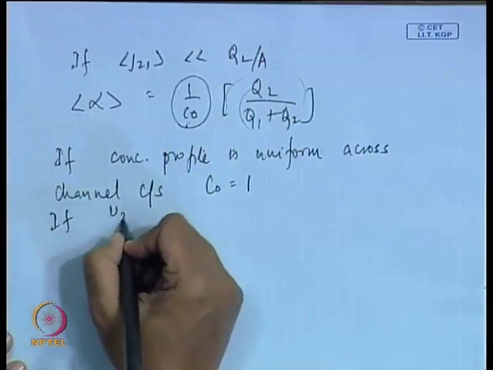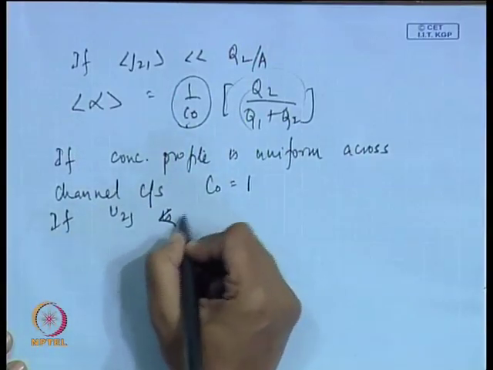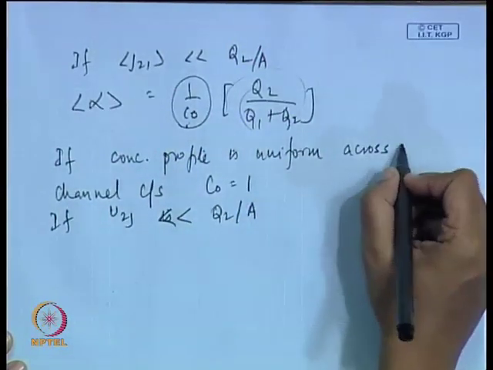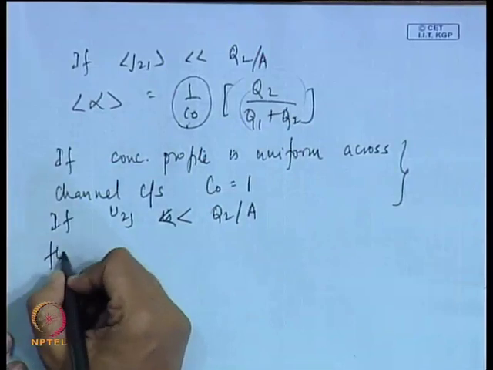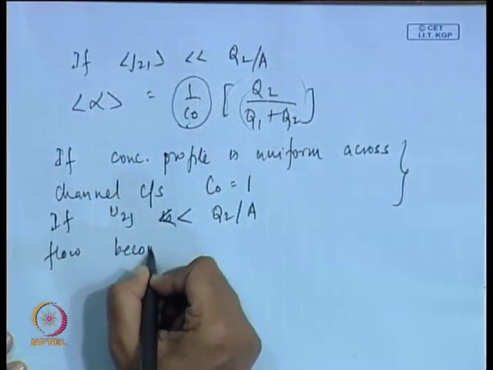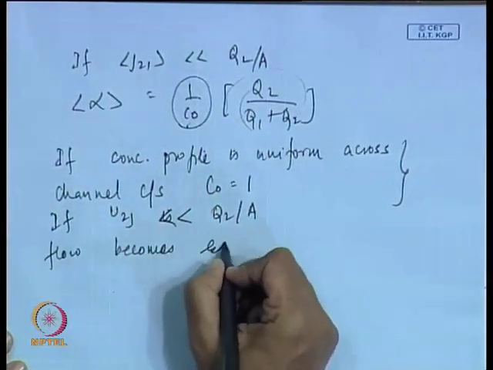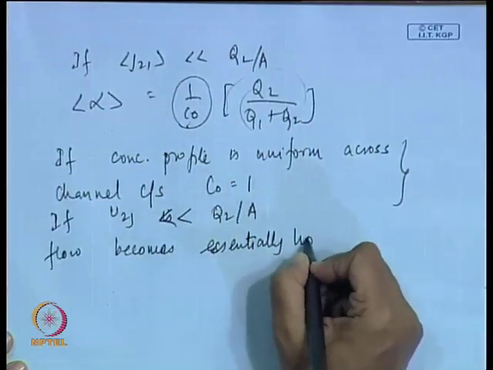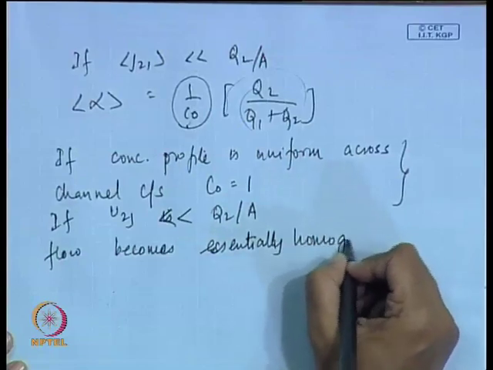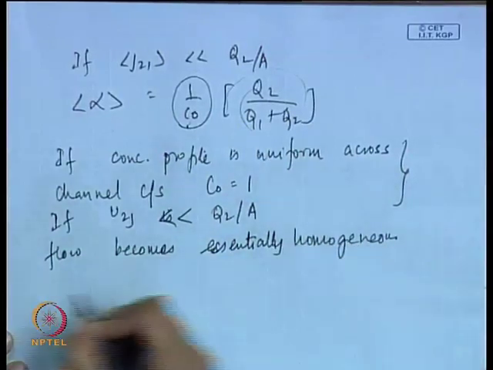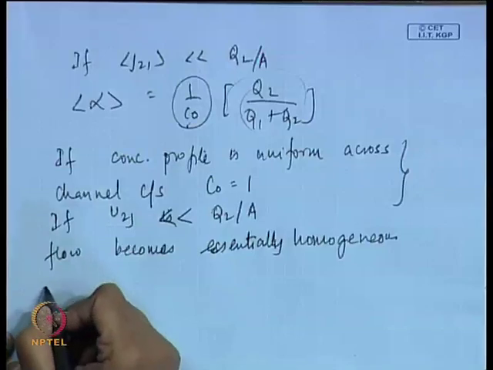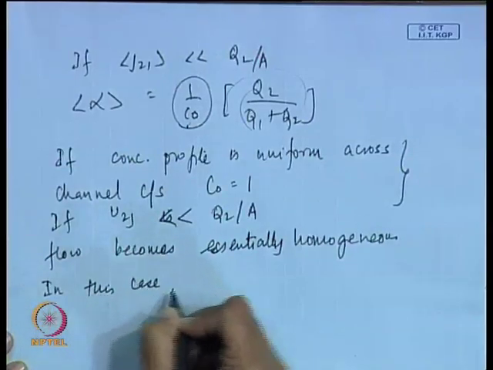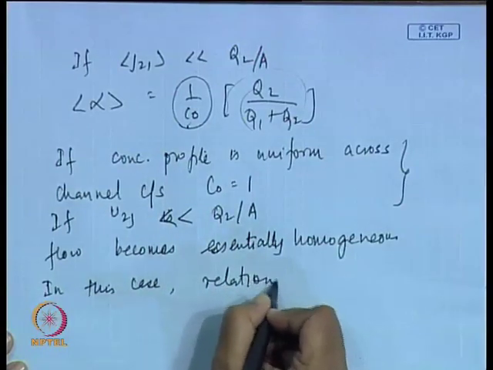If J21 is much less than Q2 by A, then for these two cases the flow becomes essentially homogeneous. Okay.